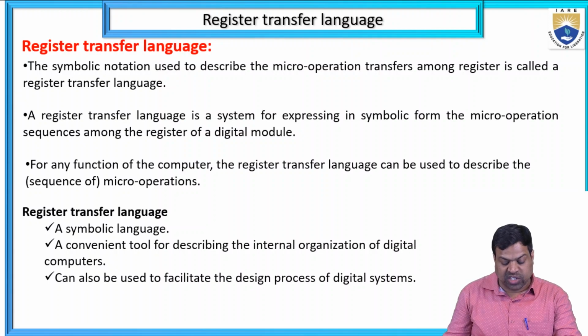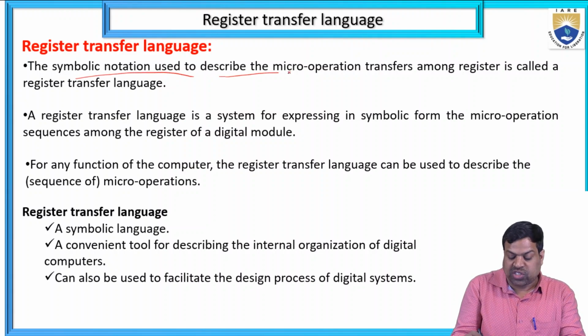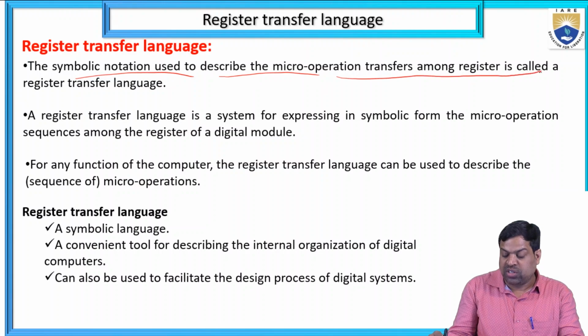And the register transfer language is a symbolic language or a convenient tool for describing the internal organization of digital computers, and it can also be used to facilitate the design process of digital systems. Okay, so the symbolic notation used to describe the micro operations transferred among the registers is called the register transfer language.